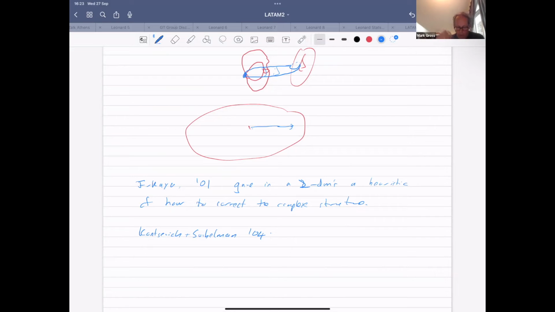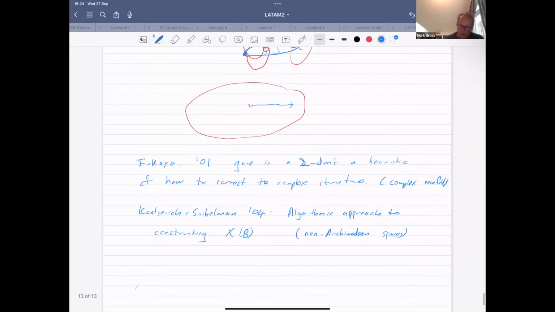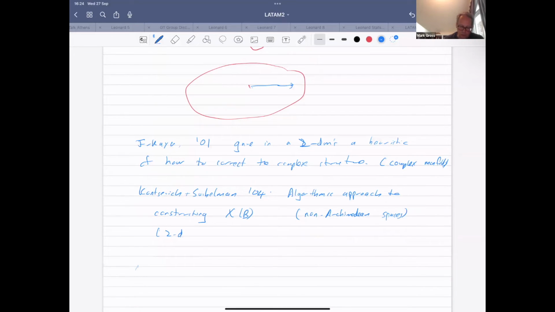So rather than knowing about holomorphic disks in the mirror, they gave an algorithmic approach to constructing X of B. This was in the category of non-Archimedean spaces, which is a form of algebraic geometry where convergence issues become much easier, as opposed to the category of complex manifolds. And this is still in two dimensions.